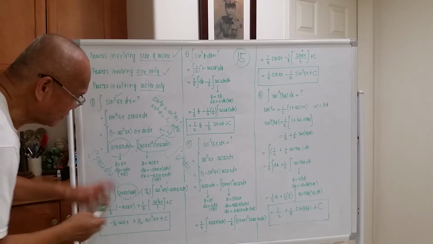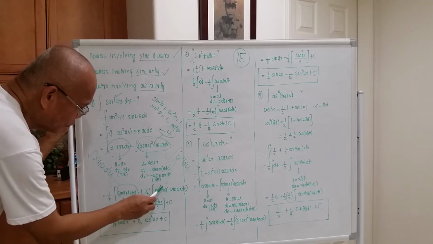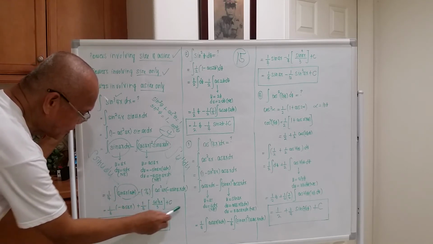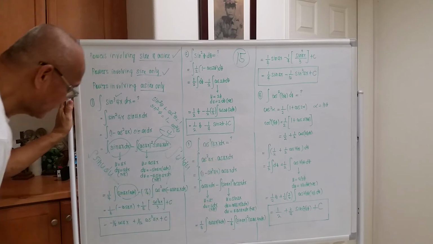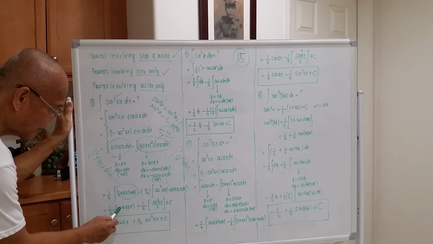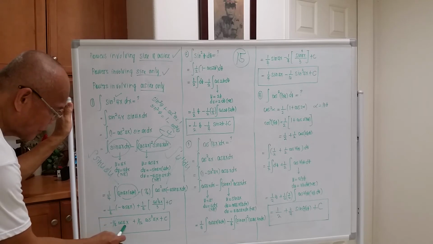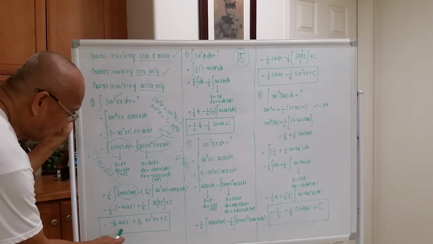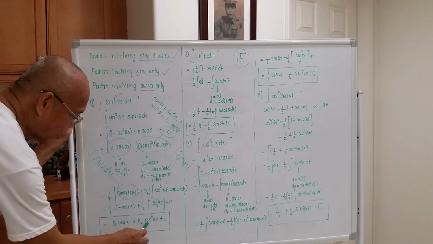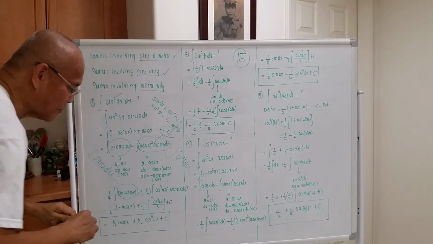And this now falls under the power formula. 2 plus 1 is 3, so this will be cosine cube of 4x all over 3 plus c. Final answer: this should be a negative cosine. Negative 1/4 cosine of 4x plus, 4 times 3 is 12, so 1/12 cosine cube of 4x plus c. That's the final answer.